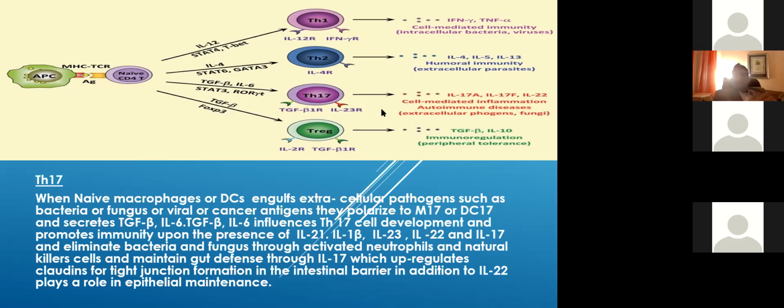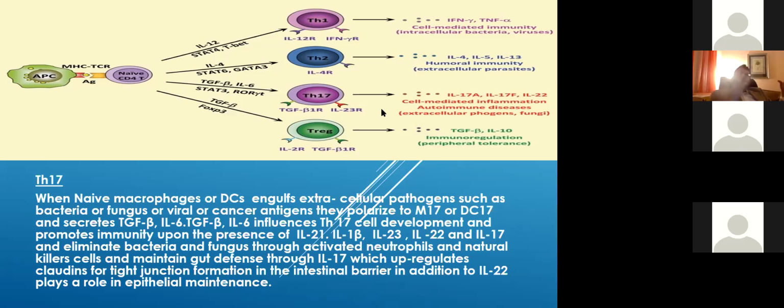And then they start secreting what we call interleukin 17, right? Those macrophages start secreting interleukin 6 first and transforming growth factor. When a macrophage is polarized into M17 or DC17, they start secreting transforming growth factor beta and interleukin 6.